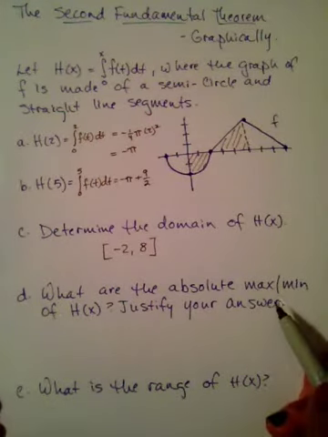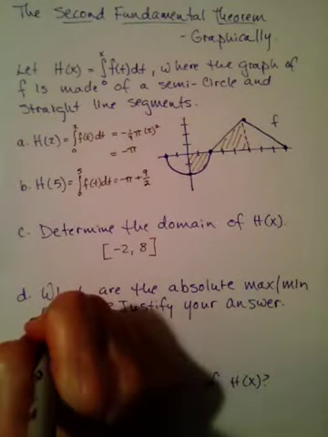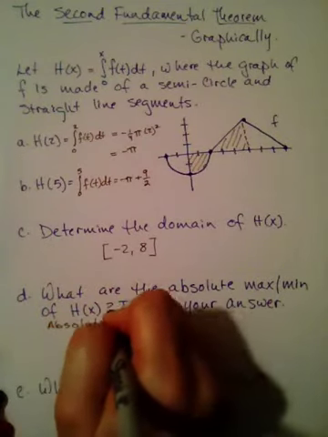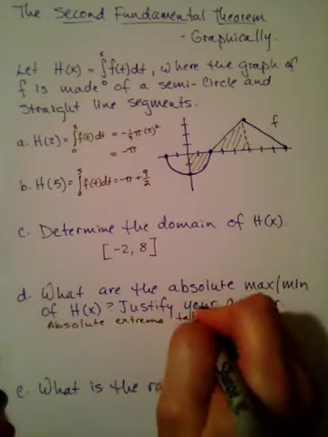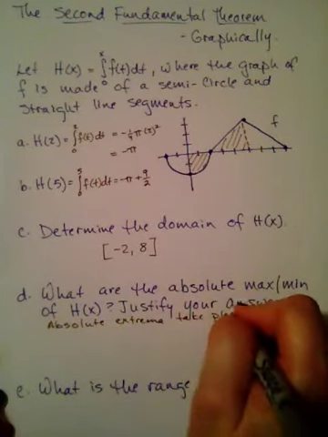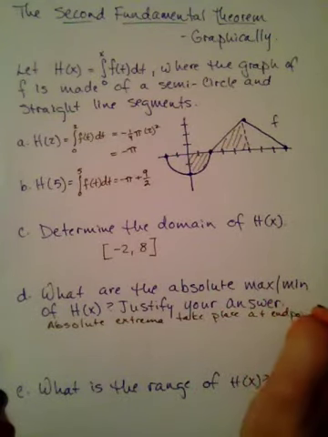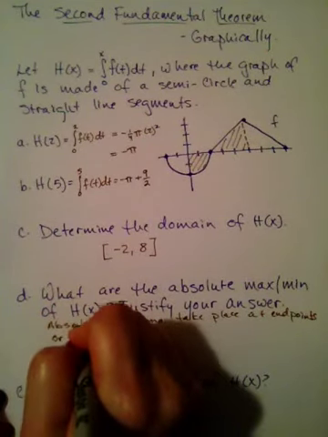So the next question is, well, what are the absolute max and min of h of x? Justify your answer. So I'm going to start with saying absolute extrema take place at endpoints or critical numbers.